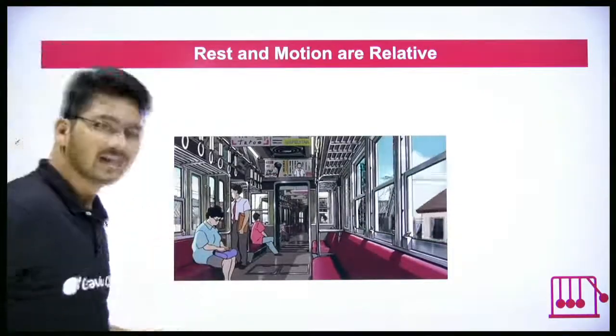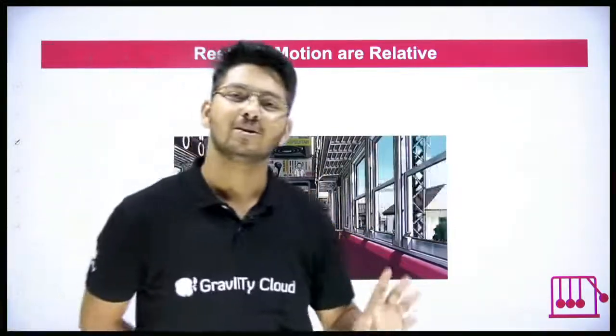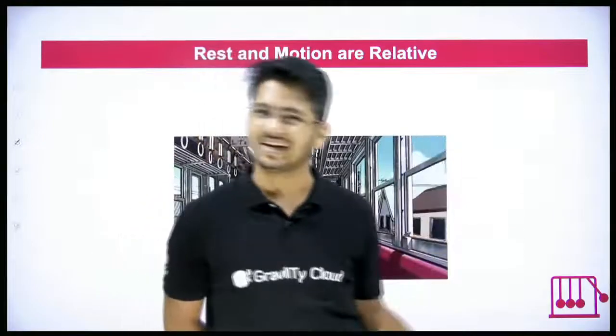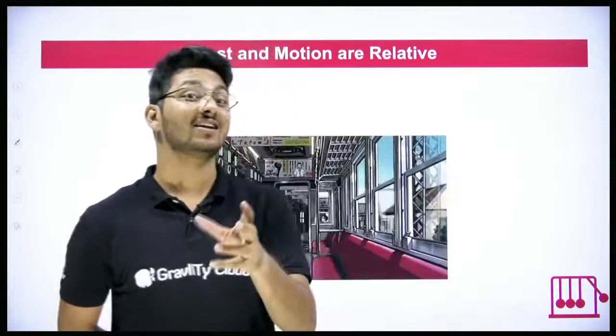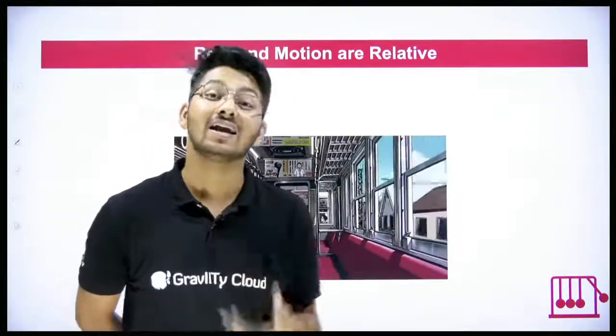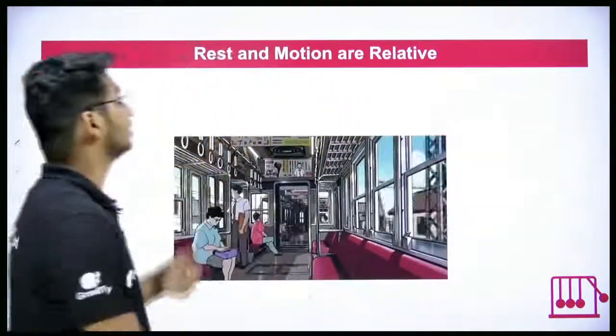So for a person in the train, the buildings appear to move back. But for a person standing outside on the platform, the buildings will be at rest. So again, motion is relative. It depends on who is observing, on the observer.